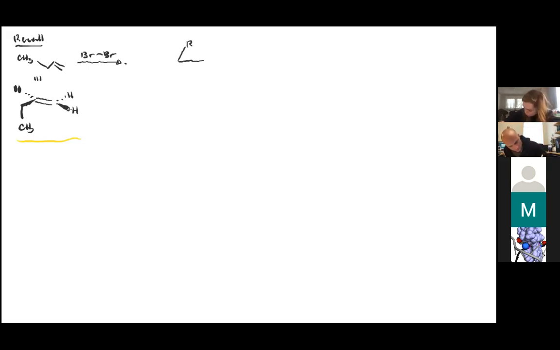So that would be addition to the top face, and we'll call this A. The other option is to add it to the bottom face.